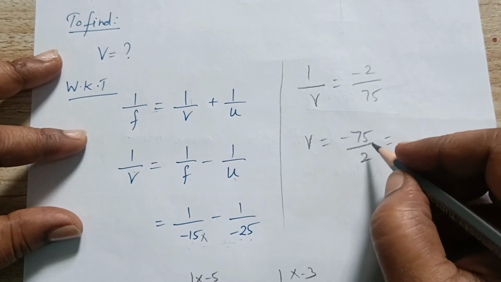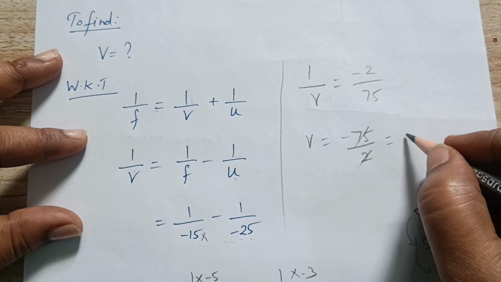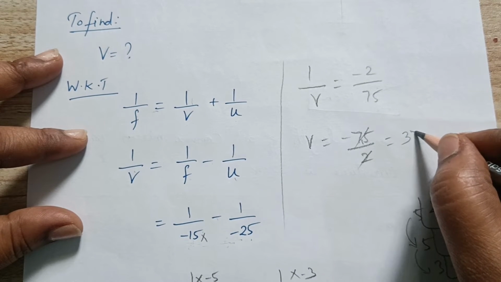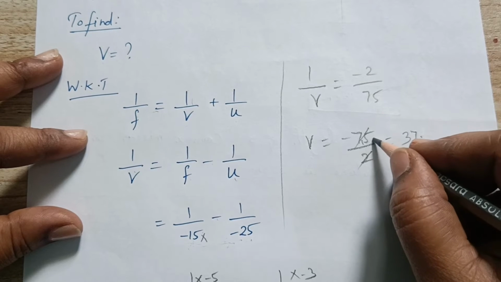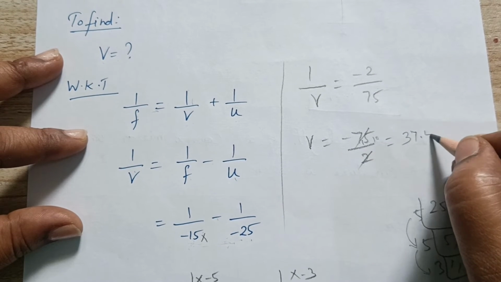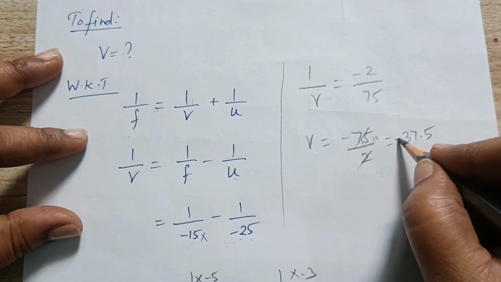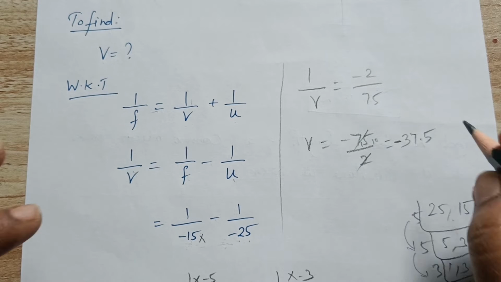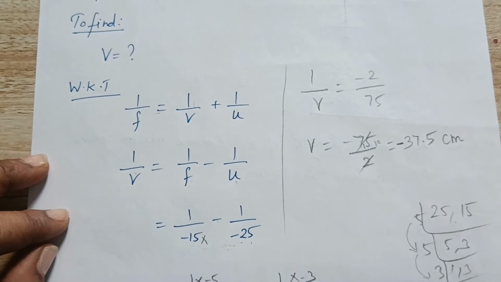That is equal to what? 3 times, balance 1, 15, 7 times, so point, remainder 1, so becomes 10, 10 means 5. So minus 37.5. So minus 37.5 centimeter.